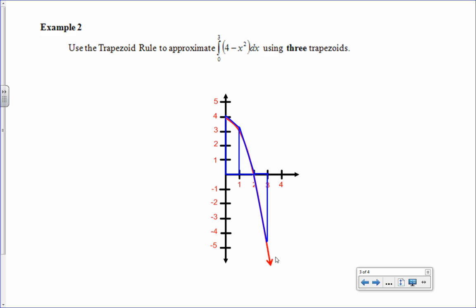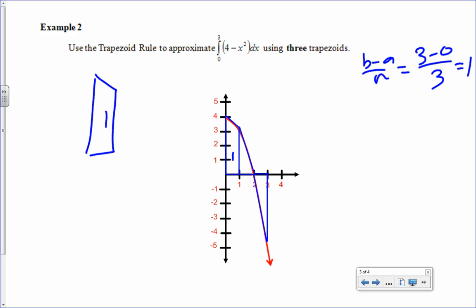So the first trapezoid right here, number 1, we'll draw it over here. So once again, how would we figure out how wide it is? Well, it's b minus a over n, which is 3 minus 0 over 3. So once again, I was very nice to myself on the problem I made myself do on the board. I made the height of every single one of these 1, correct? So this is 1. How about this left-hand side of that trapezoid? I believe that's 4, correct?